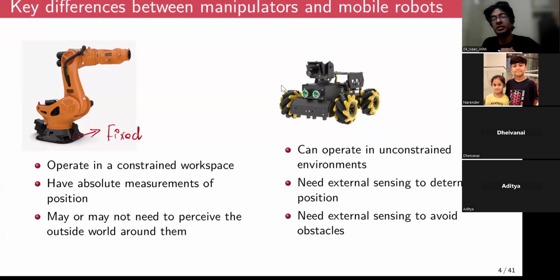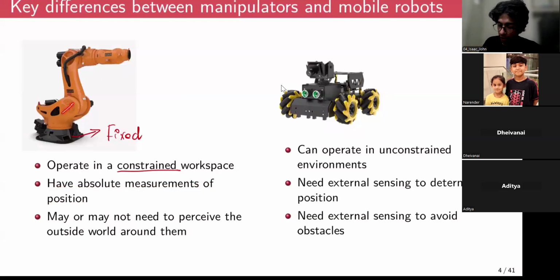For example, if you fully stretch your arm, you cannot go beyond the fully extended position, because if you consider your shoulder to be fixed, you cannot reach any further point. So your workspace is constrained in the case of a robot manipulator, and you could have absolute measurements of position, right?